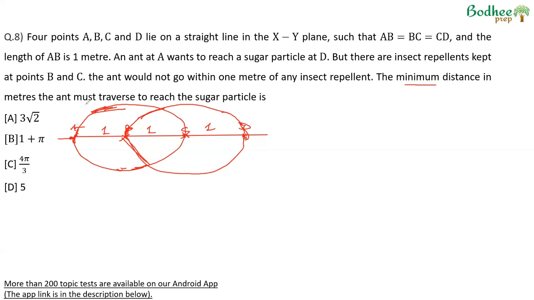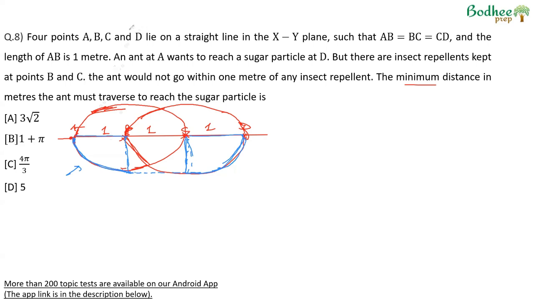It will start along the circular region here, go until a point from where it can go on a tangent route, a straight line to this circle, and from there cover along the circle again. So if we look at this, due to symmetry, you'll realize the ant will travel one fourth of the circumference of the first circle, then a straight line which will have the same length as BC, and then again one-fourth of the circle here.